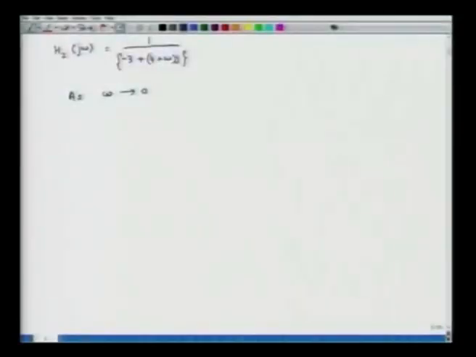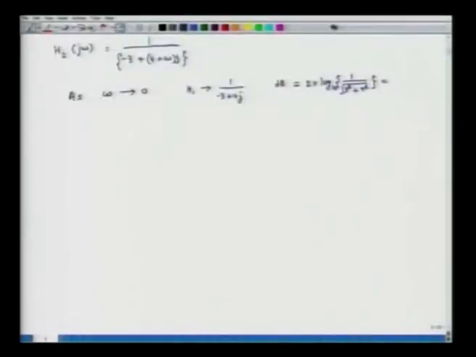As omega approaches 0, H2 approaches 1 over minus 3 plus 4 j, or in decibels this is essentially 20 log to base 10, 1 over 3 squared plus 4 squared, the whole thing under square root.